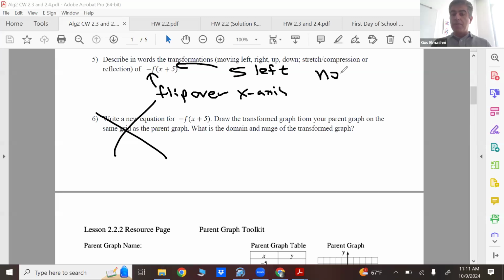There's no vertical shift. There's no vertical stretch.